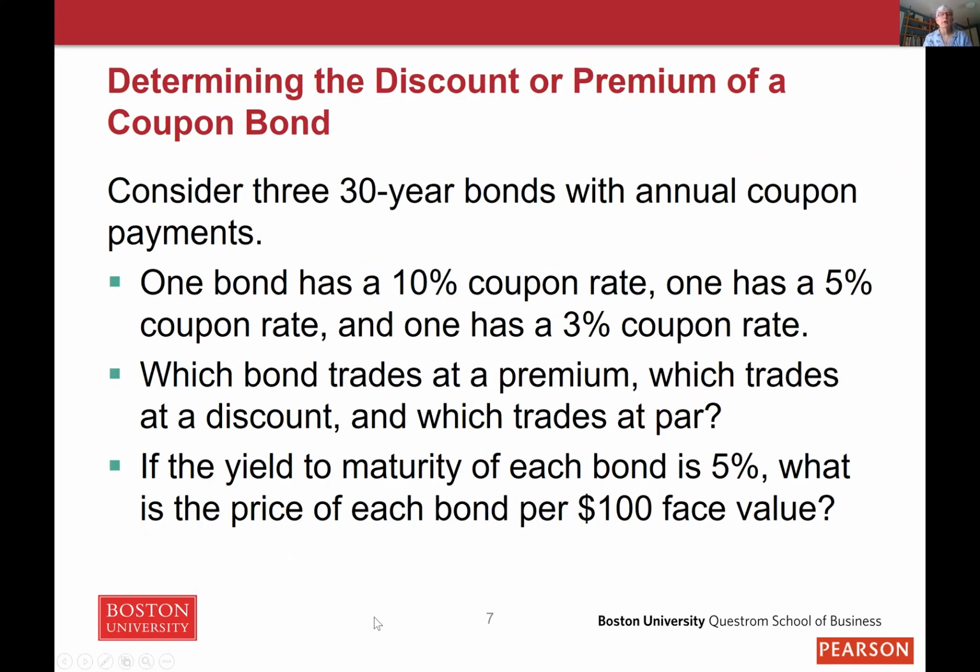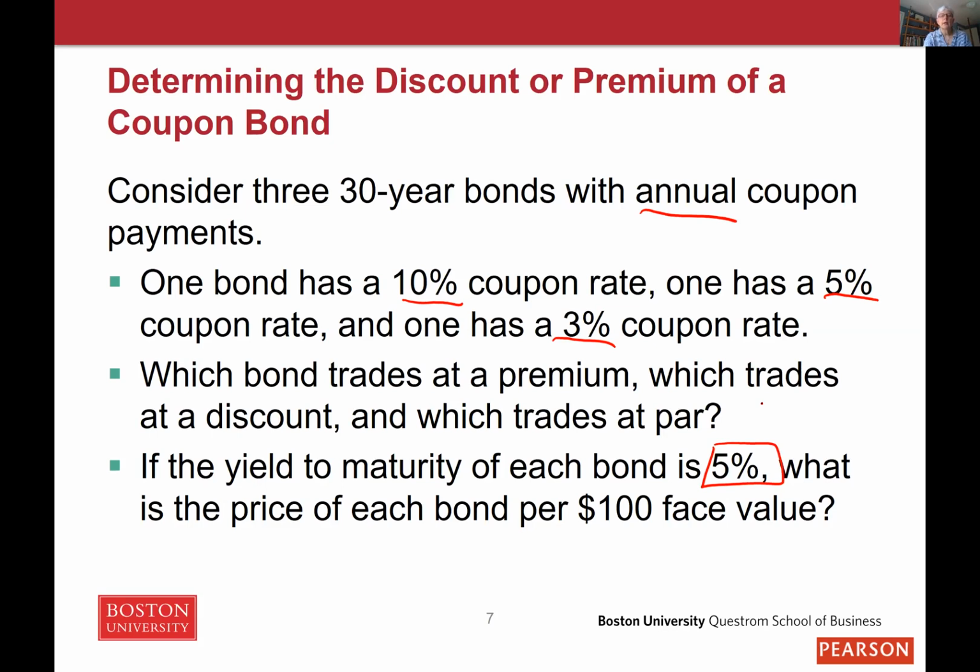So we're going to play around with this concept of a premium and a discount. We're going to take 3 30-year bonds. They have annual coupons, so you don't have to make any semi-annual adjustments here. One of them has a 10% coupon. One of them has a 5% coupon. One of them has a 3% coupon. The yield to maturity is 5%.